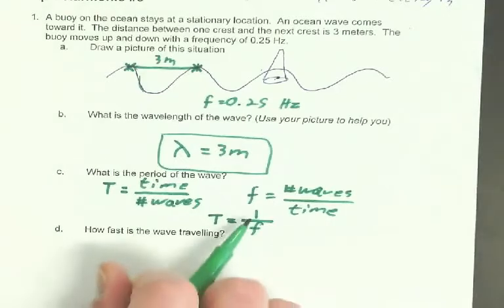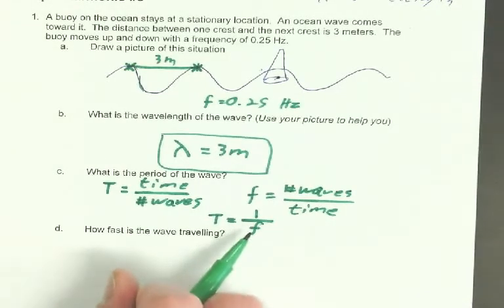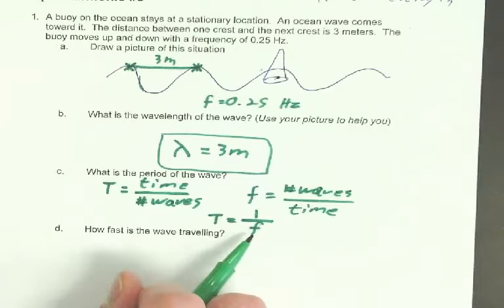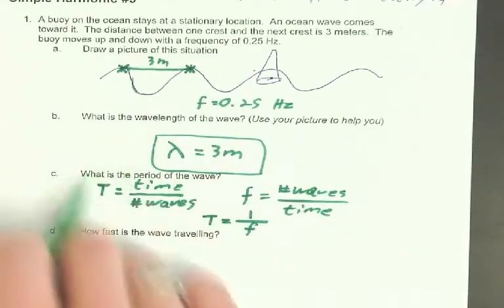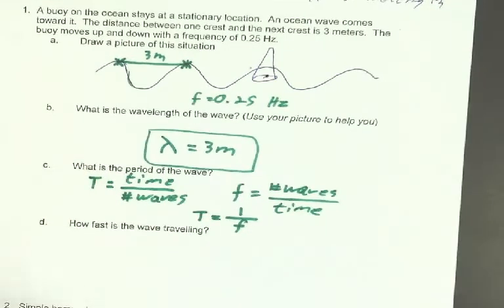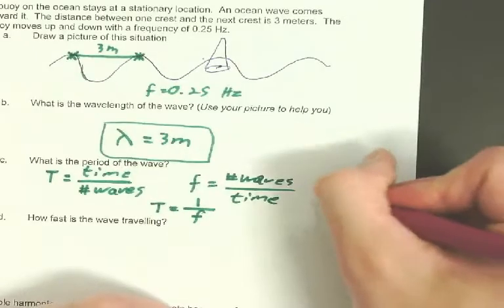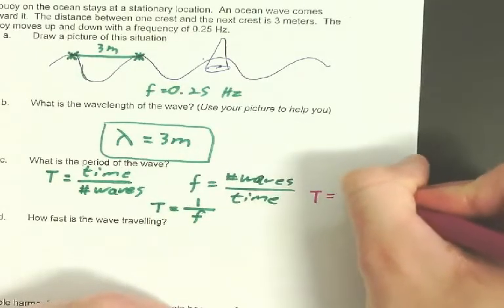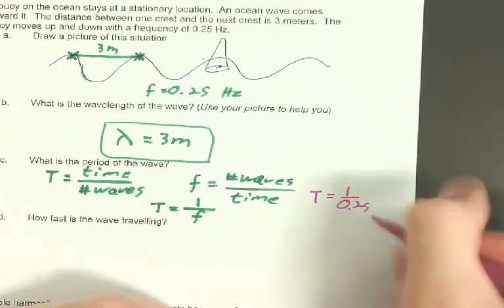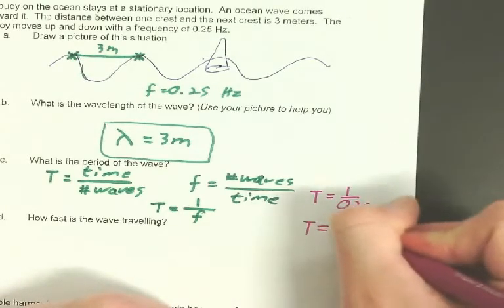So if I know what the frequency is, I can find the period by doing 1 divided by that frequency. I do know that the frequency is 0.25. So 1 divided by 0.25 is 4.